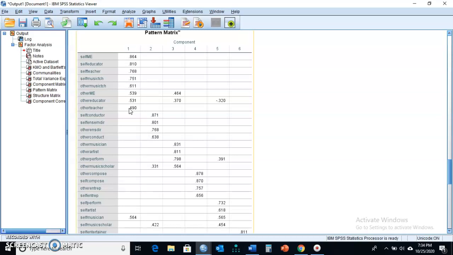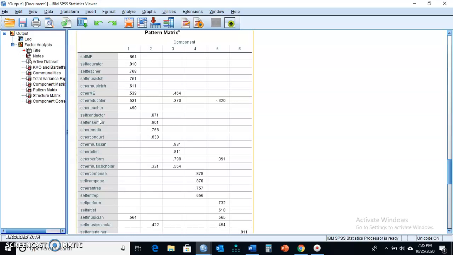So this has been done for you because this came from an actual example. Component number 1, the researchers called educator, because all of these items seem to have to do with their identity as a straightforward mainstream educator. The second one they called ensemble leader, and you can see, I don't have all the definitions in front of me, but conductor, ensemble director, all of these items had them identify with their sense of being an ensemble leader or conductor.